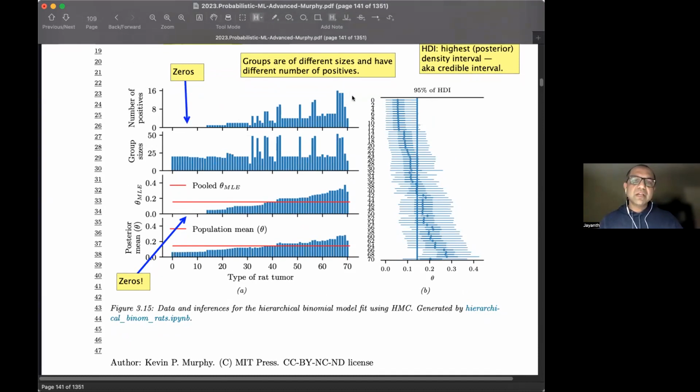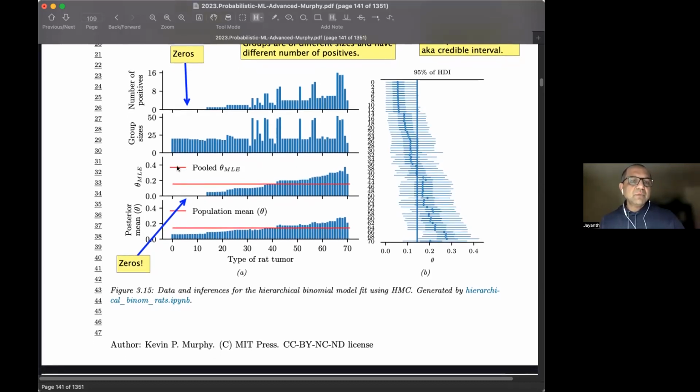Some groups have 16 or so. The other thing to note is that the sizes of these groups are also different, and so this is quite a challenging problem from that perspective. You have some groups with a larger n of 50 and some under 25.